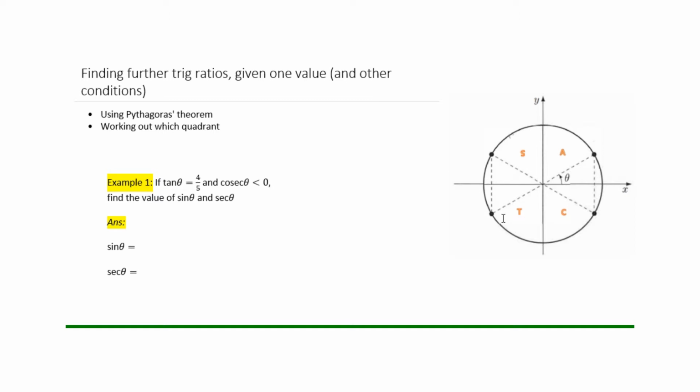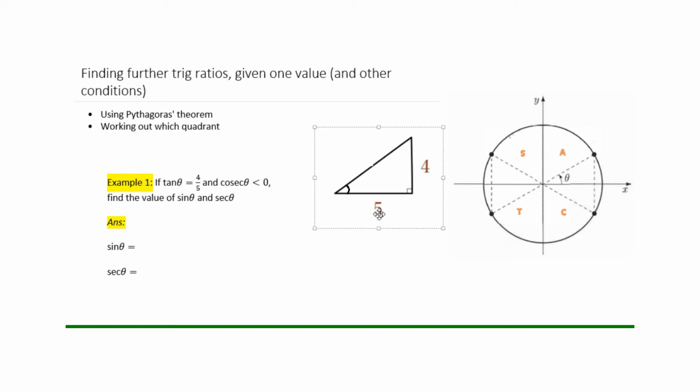Okay, so example 1. If tan is 4/5 and cosec is less than 0, we have to find a value for sine and sec. Firstly we need our right angle triangle. Tan is O over A, so we will have a right angle triangle like this. Our acute angle is here, opposite is 4 and adjacent is 5.